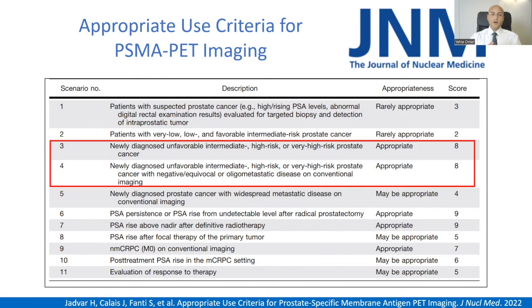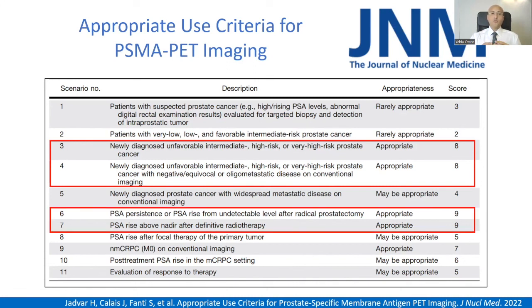Of course, they are the initial staging of unfavorable intermediate, high risk, or very high risk prostate cancer patients, whether upfront or whether after having a negative conventional imaging or oligometastatic on conventional imaging. And also, of course, in PSA persistence or PSA failure after radical prostatectomy or after radiotherapy. And these are the most common indications we see now in our daily practice.